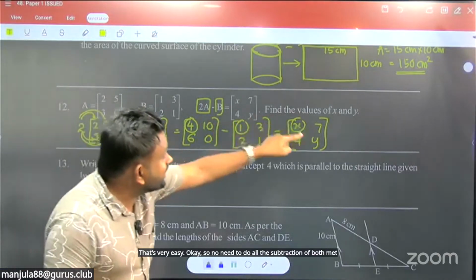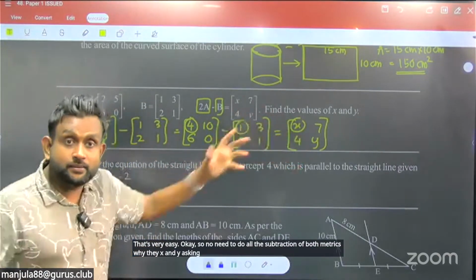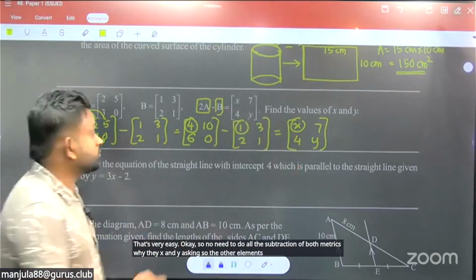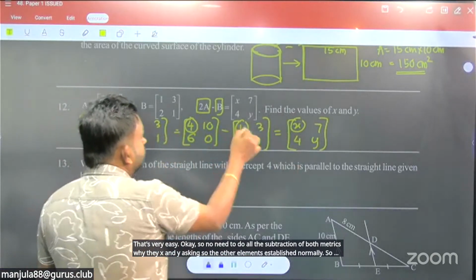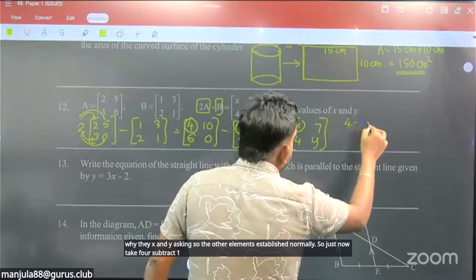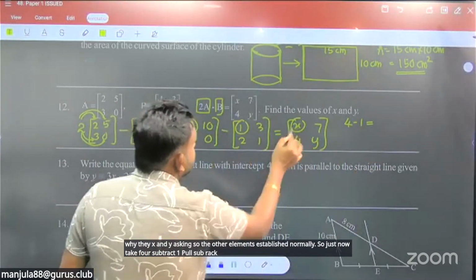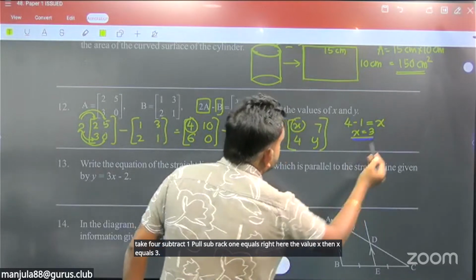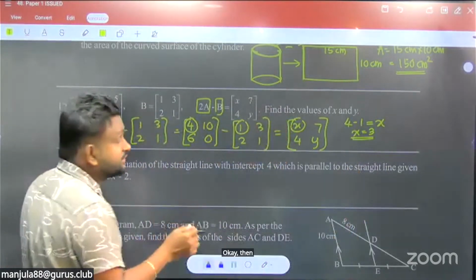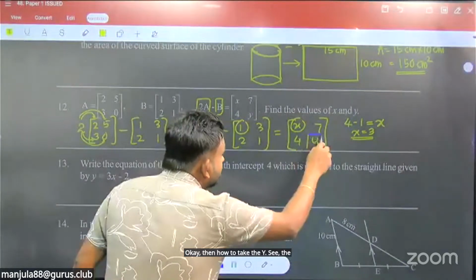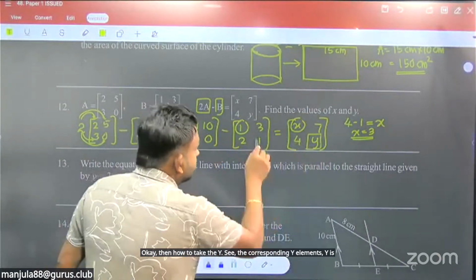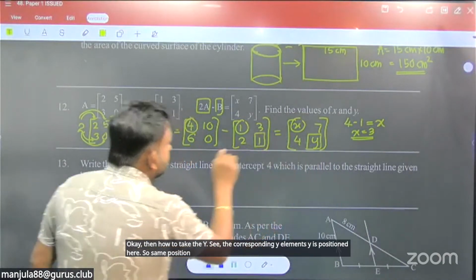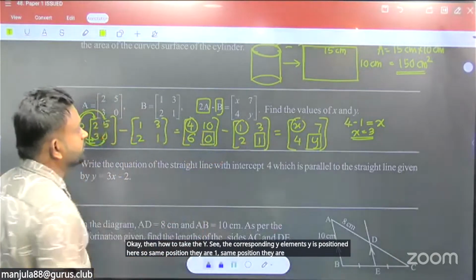So no need to do all the subtraction of both matrices. Why? They are asking for x and y only. So the other elements are established normally. So just take 4 subtract 1 equals x. Then x equals 3. Then how to take y? See the corresponding y elements. y is positioned here. So in the same position they are 1 and 0.